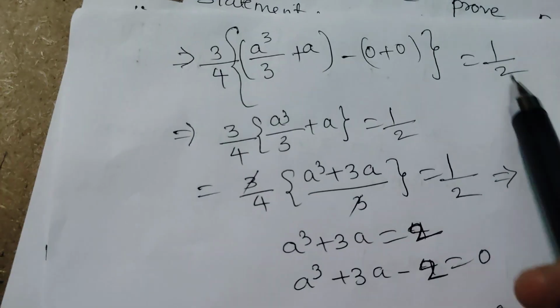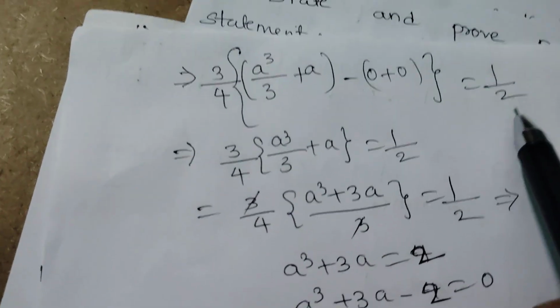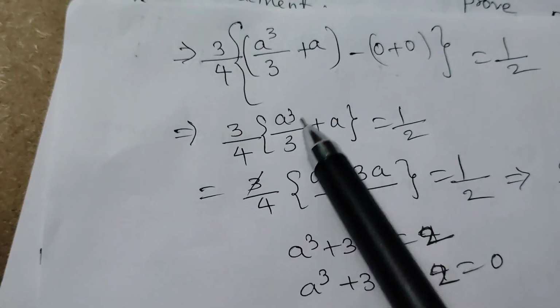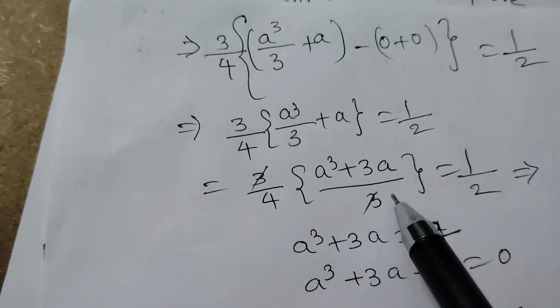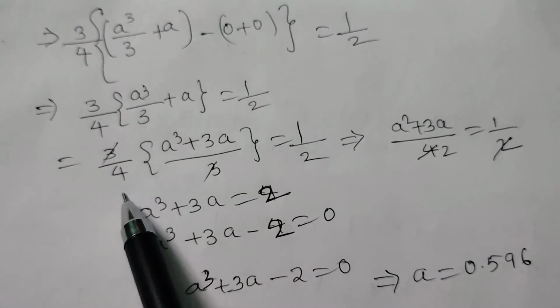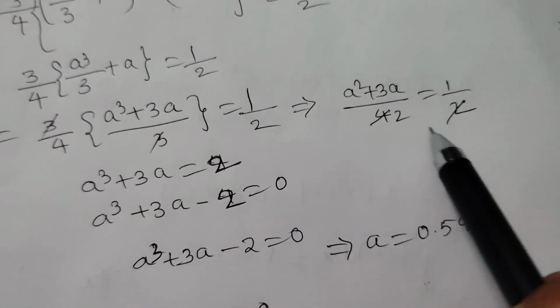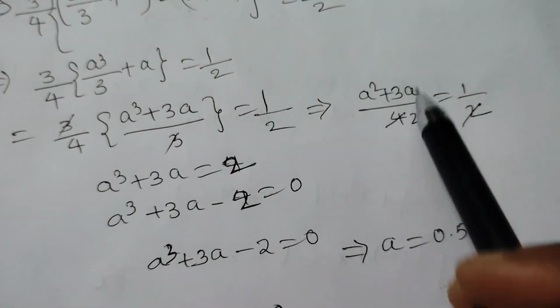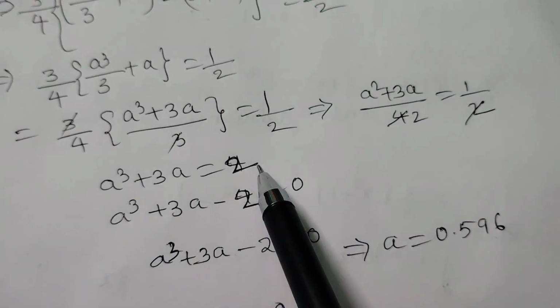Instead of 0.5 I write 1 by 2, because 1 by 2 value is 0.5. So taking LCM, a cube plus 3a by 3, this 3 gets cancelled, so a cube plus 3a by 4 equal to 1 by 2. 2 ones are 2, 2 twos are 4, so cross multiplication gives a cube plus 3a equal to 2.